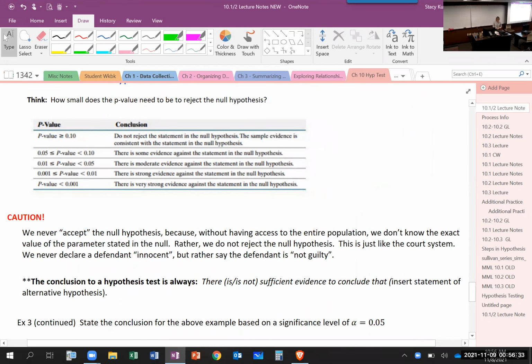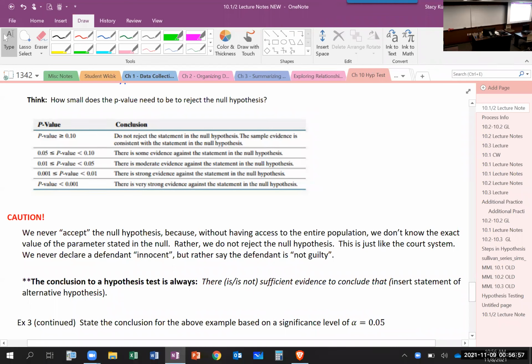Okay, so this is somewhat of a chart. I couldn't get a clean screenshot of it, so it's a little fuzzy, but it goes along with what we've been talking about. And notice that all we're doing in here is evaluating the p-value against alpha at 1%, 5%, or 10%.